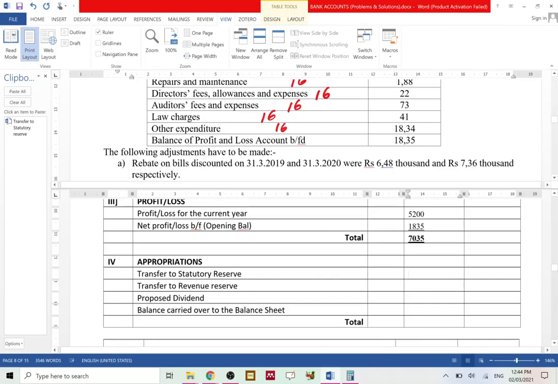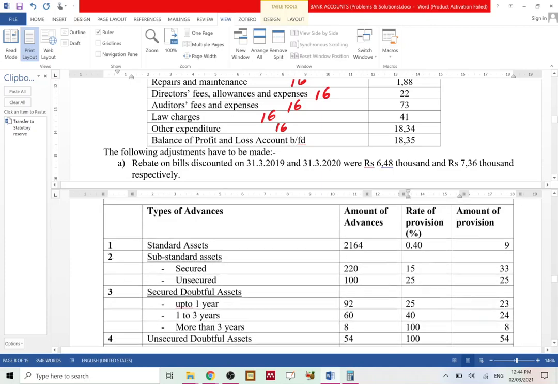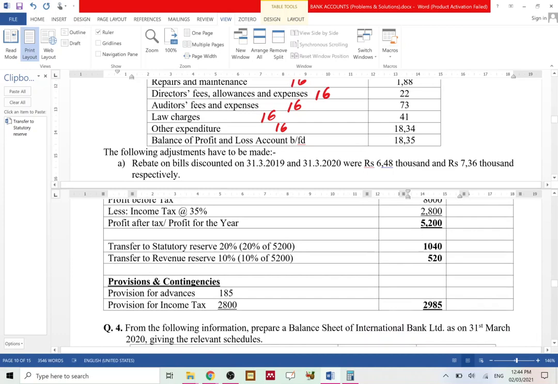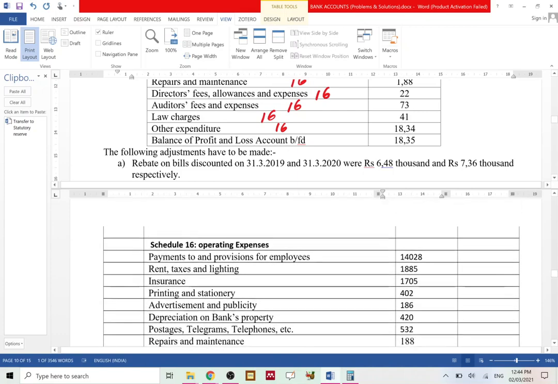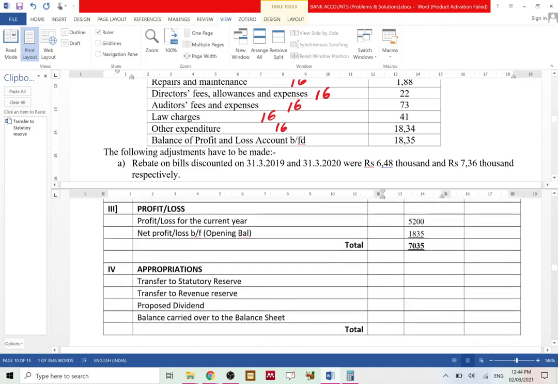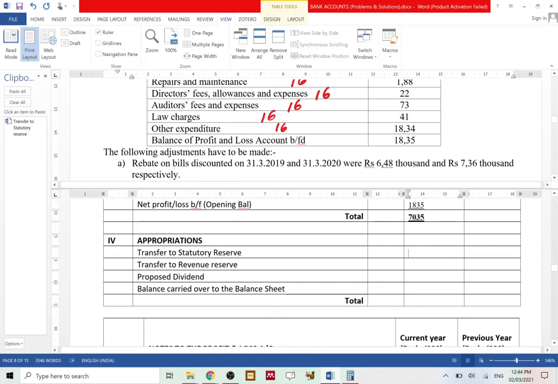So statutory reserve revenue, how much did we calculate? Amount was 1040, revenue reserve was 520. Post that in your P&L account. 1040 and 520, right? So those transfers have been brought forward over here.